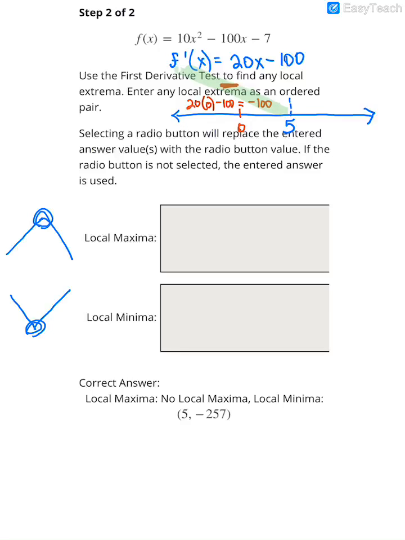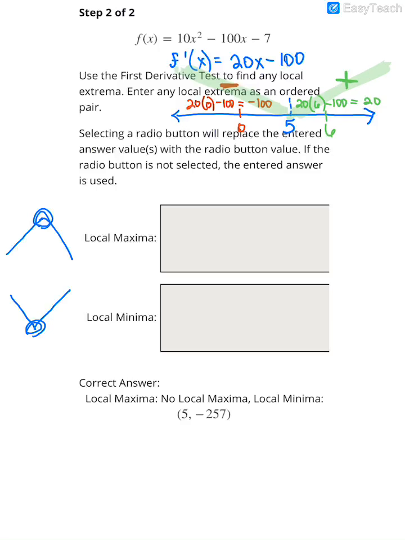Now, if I use a test point that is bigger than 5, so let's say something like 6, and I plug that into my first derivative, 20 times 6 would be 120, minus 100 would leave me with positive 20. And what matters is the fact that the first derivative is positive on that interval. So what that tells me is that the graph is actually increasing on that interval. It is actually going up.